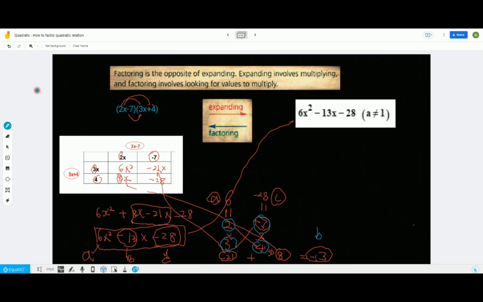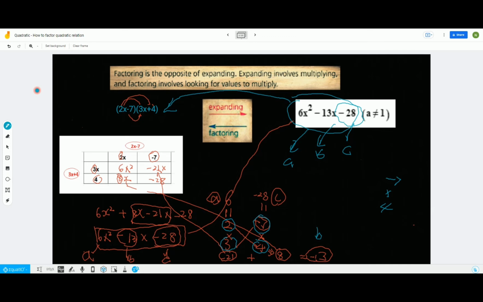Understand? So if we go back to this expanded form and want to factor, look at negative 28, same thing as before. We already did it, but we do it again. c is negative 28, and we can factor it into 7 and 4.